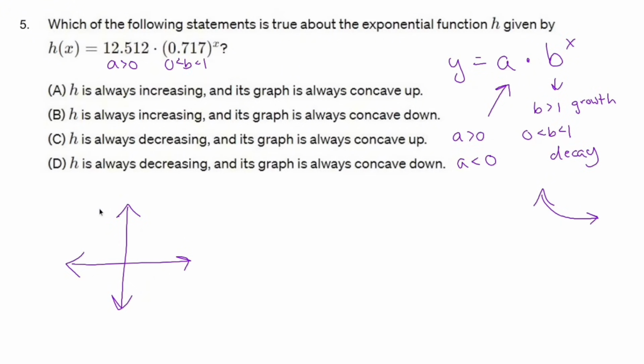So we have regular looking decay. It's decreasing, and since it's the first half of concave up, it's going to be decreasing and concave up. So our answer for this is going to be C.